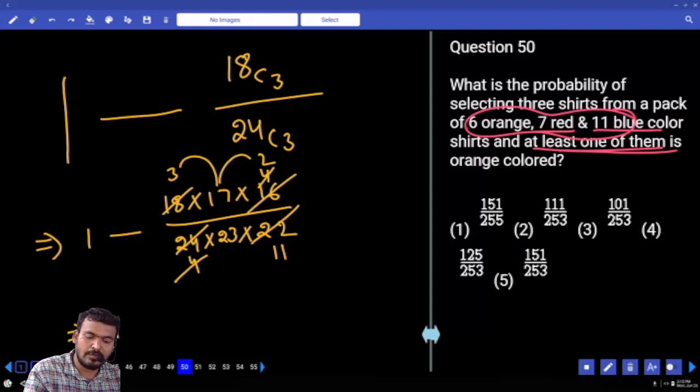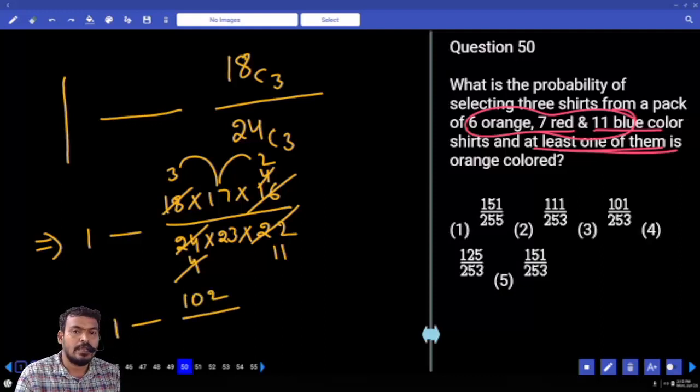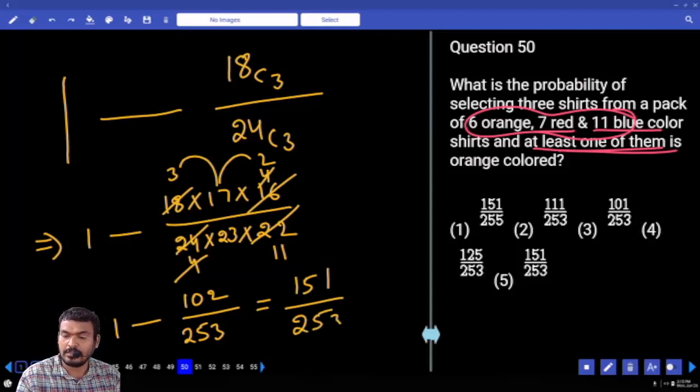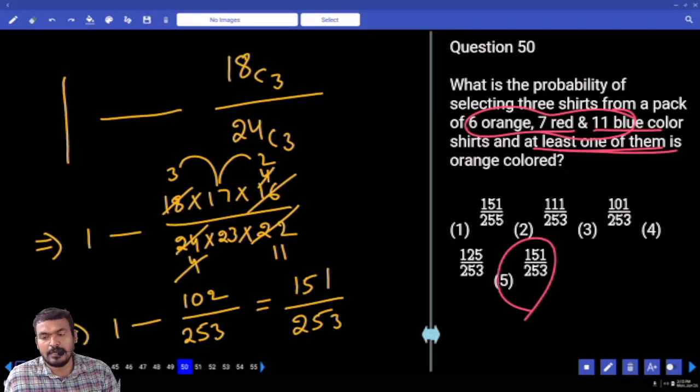That one we wrote 1 minus 102 by 23 into which one? 11. 23 11 the 253, and subtracting or adding? Subtracting. 253 minus 102. How much? 151 by 253. Which option? Fifth option. Fifth option or third option? Fifth option.